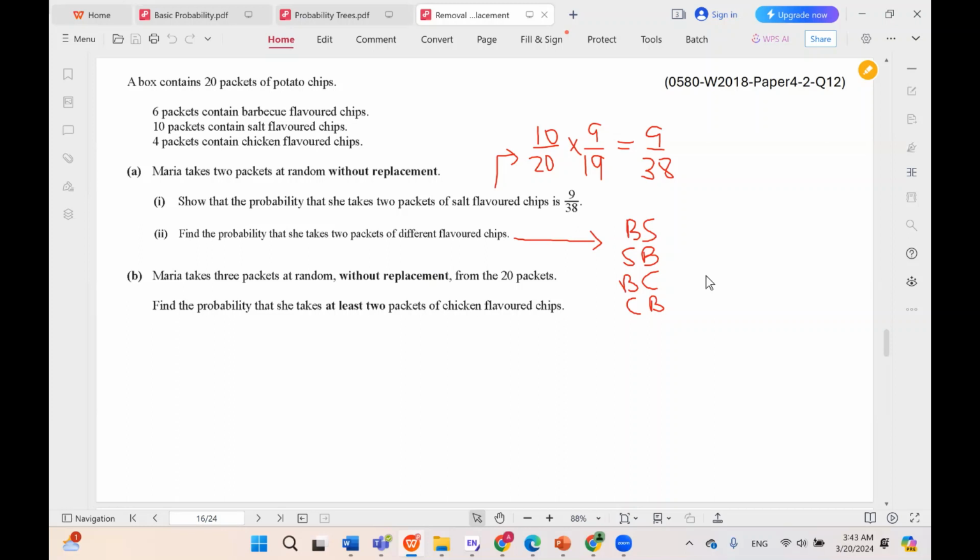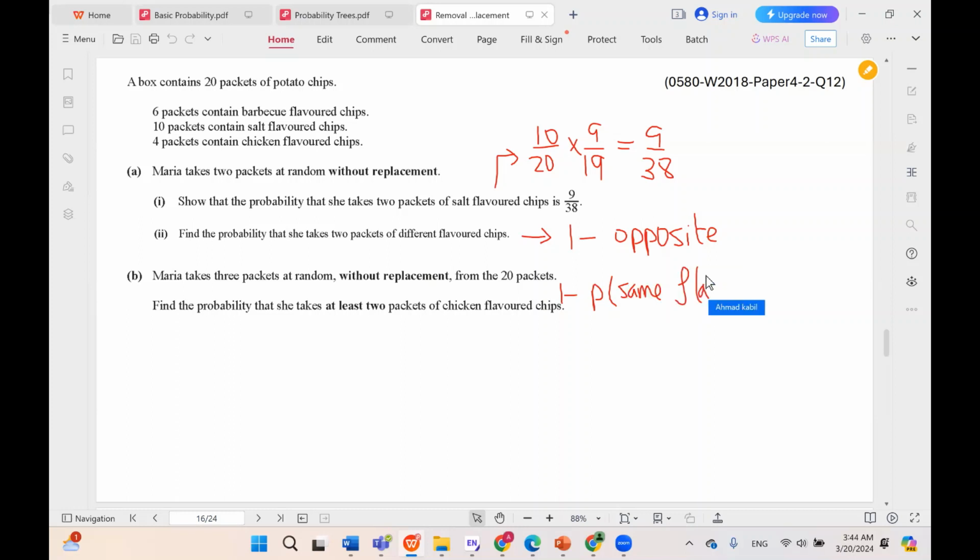So this becomes very tedious to compute. So instead, I'm not going to do that. I'm just going to go with the shorter scenario because the opposite here is much easier to calculate. So I'm just going to calculate 1 minus the opposite result. What is the opposite result here? Instead of picking different flavor chips, she's going to pick the same flavor chips. So it's 1 minus the probability of same flavor.